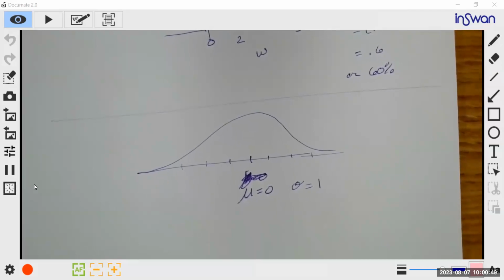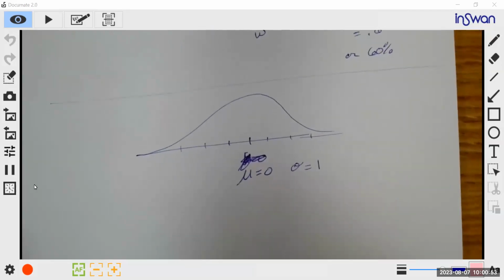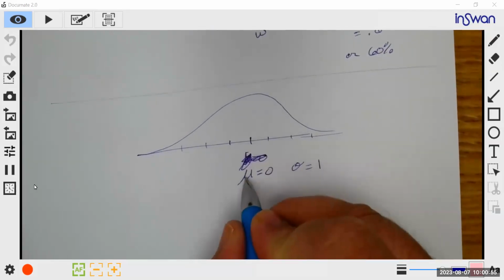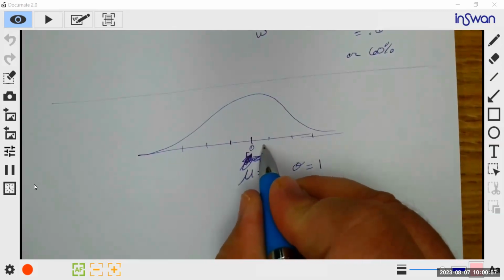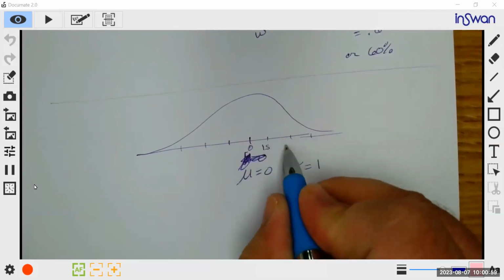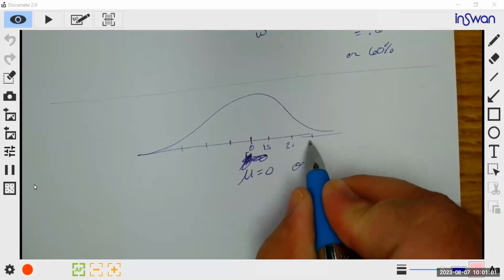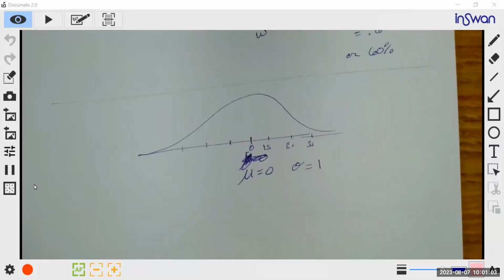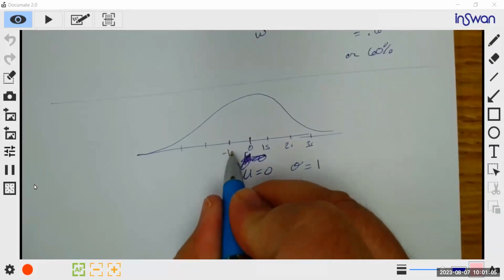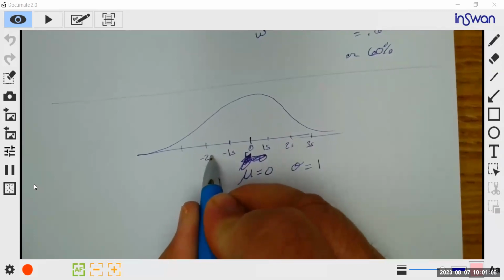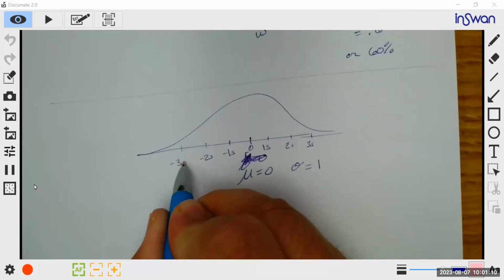So that's what makes it much easier for us to calculate. So this is 0. That means this is 1 standard deviation, 2 standard deviations, and 3 standard deviations. This is -1 standard deviation, -2, and -3.